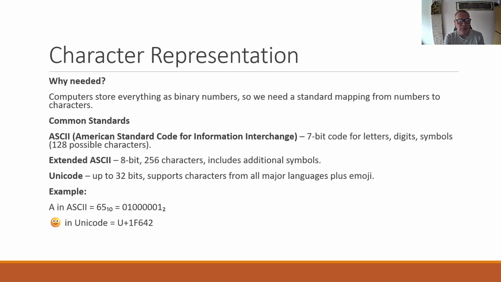But with Unicode you can have a lot more characters and symbols, so it supports all the major languages and emojis. Capital A in ASCII is 65, and that's the binary that would be stored on the computer for it. The smiley face emoji is represented there in Unicode.